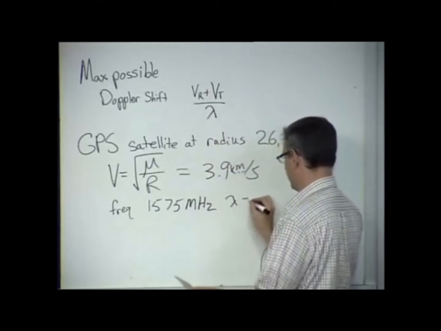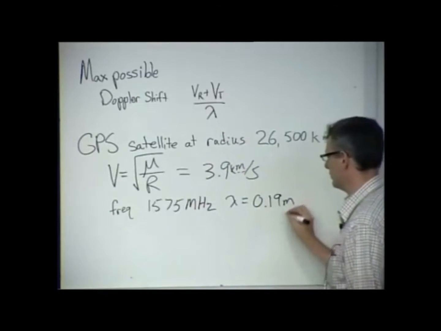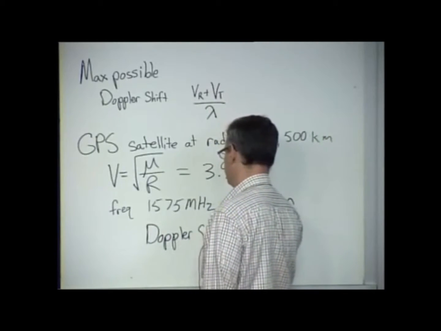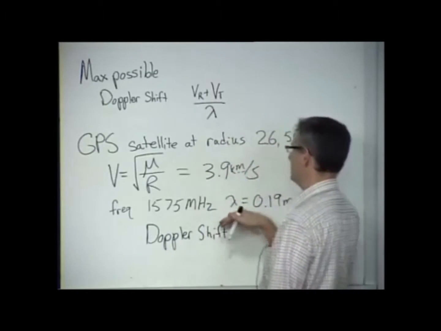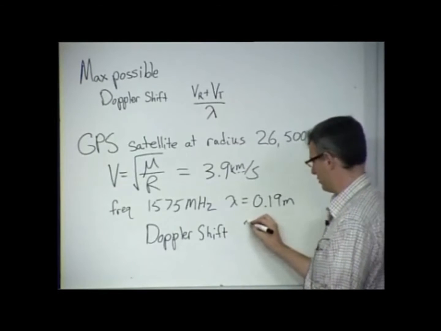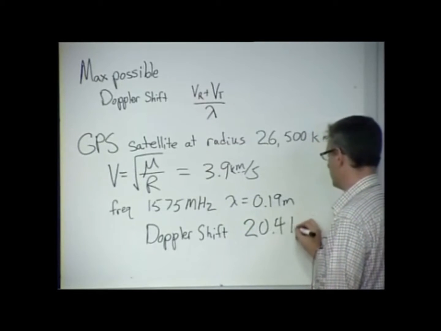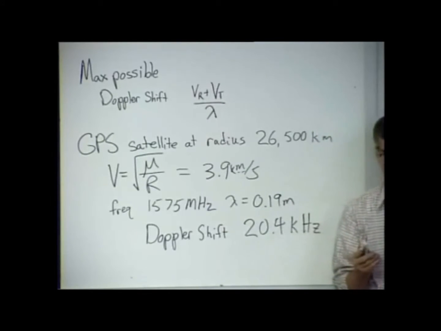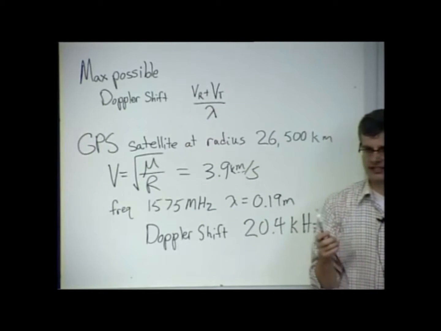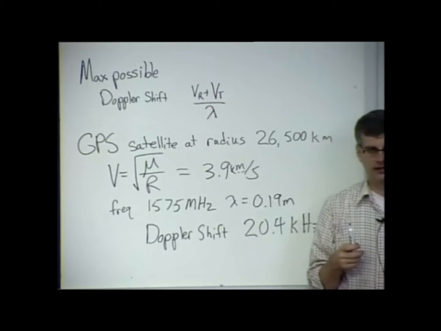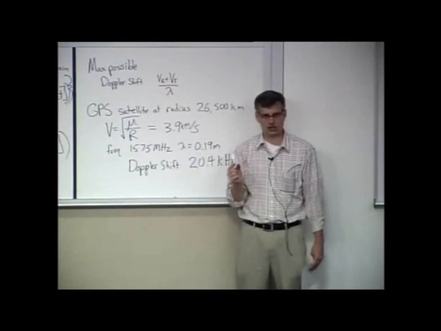And here the wavelength is about 0.19 meters. The maximum possible Doppler shift in this scenario is the velocity divided by wavelength, plus or minus, which is about 20.4 kilohertz. That's a fairly sizable shift. It's a voice channel in cellular communications in many instances. That's a significant chunk of bandwidth.